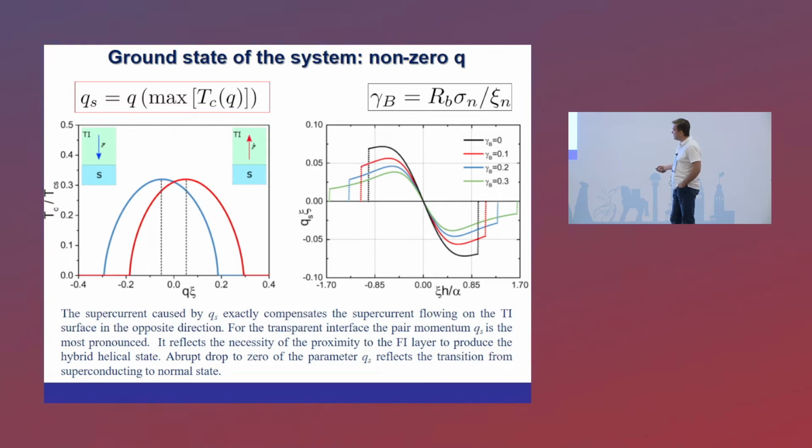And what is interesting is that the maximum of Tc does not correspond to zero momentum Q. That exactly means that we have a helical state, because in principle the system should choose the situation with the maximum of critical temperature. So either this or this, depending on the direction of the exchange field. And you see that it doesn't correspond to zero Q. So it does mean that there is a helical state.